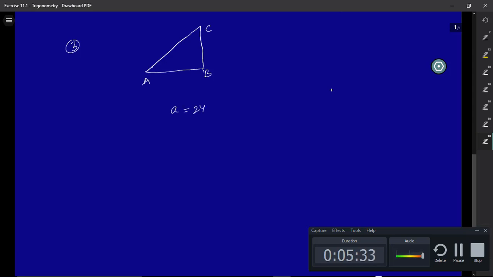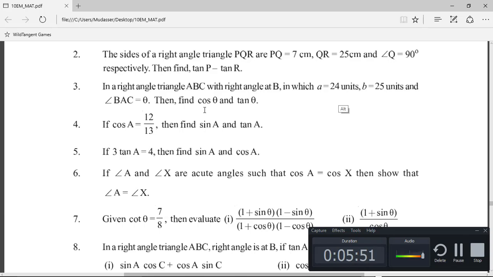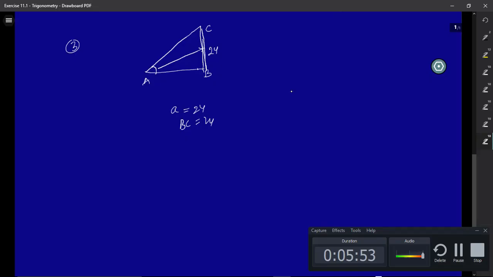You just have to remember small a is the side opposite to angle A. So which means this side BC is small a. So BC is 24. Now small b is 25. Small b, again, is a side which is opposite to angle B, which means AC is 25.